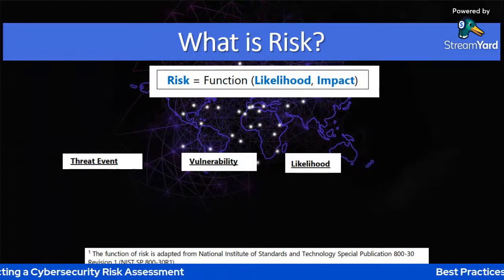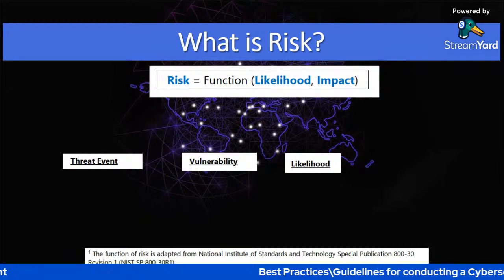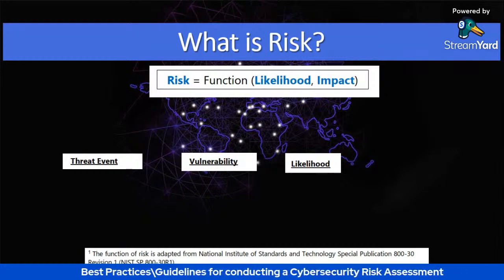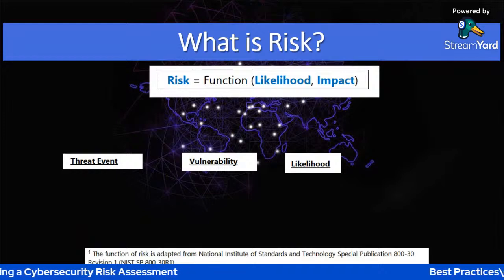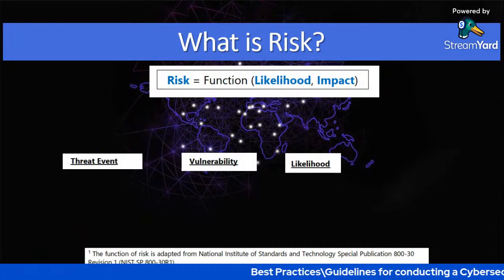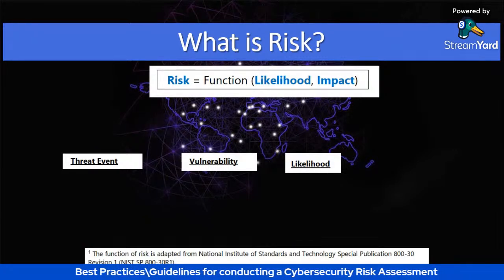These are all the elements as it relates to when you talk about risk. So likelihood refers to the probability that a given threat event is capable of exploiting a given vulnerability or a set of vulnerabilities, and the probability can be derived based on factors namely discoverability, exploitability, and reproducibility.